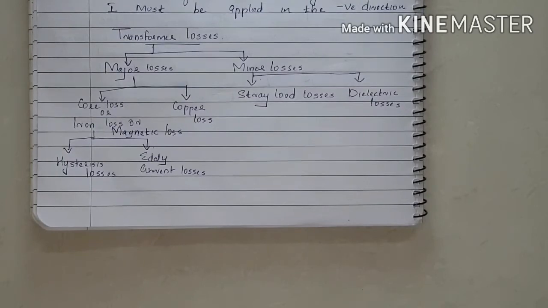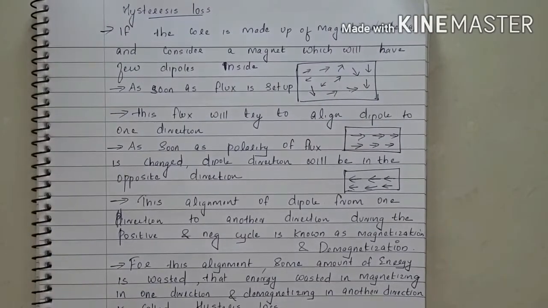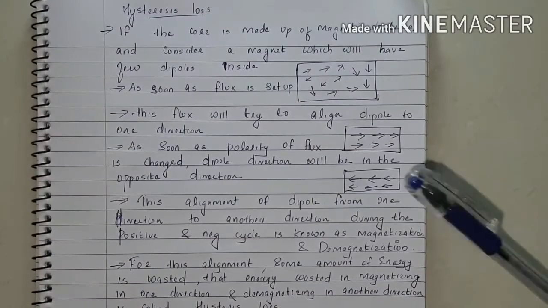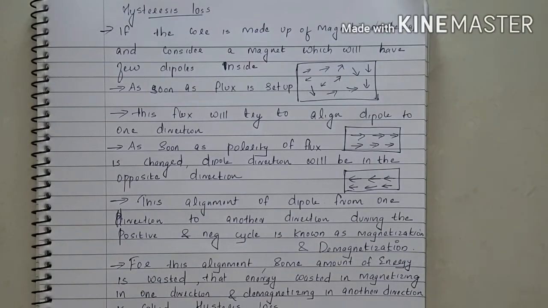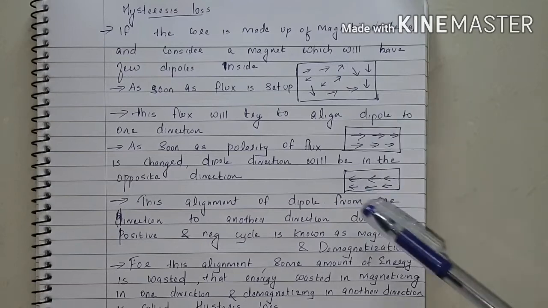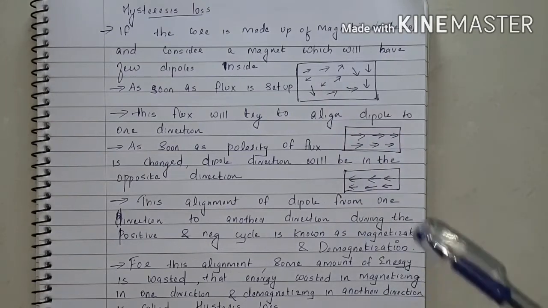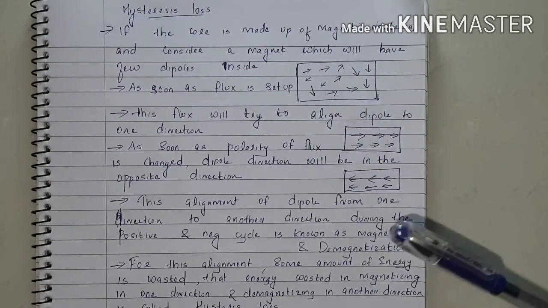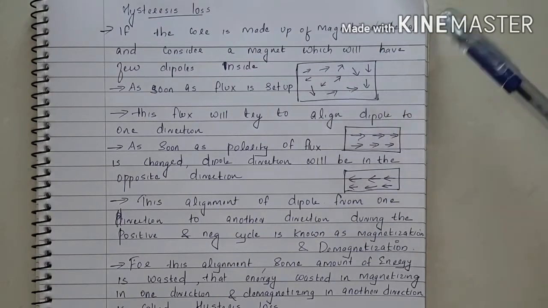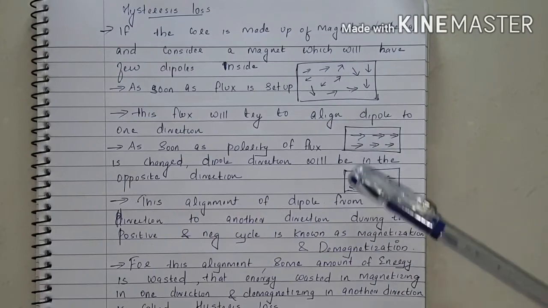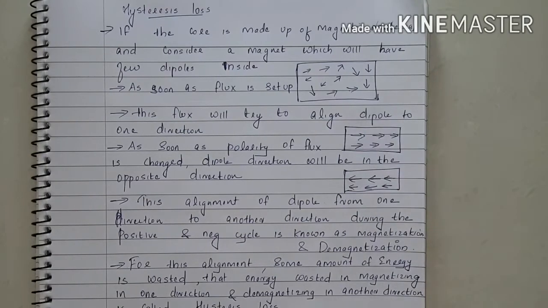So what is hysteresis loss? As I said, in an iron core inductor, the core is made up of magnetic material. Consider a magnet which has a few dipoles inside. Dipoles are nothing but charge carriers. They will be randomly arranged. As soon as a flux is set up, this flux tries to align the dipoles towards one direction.